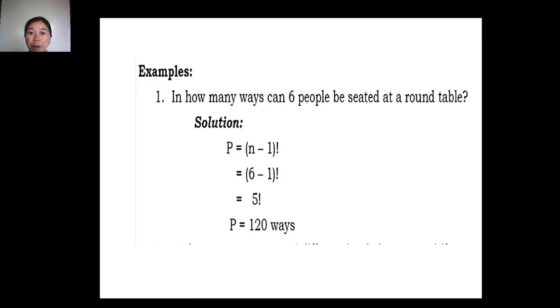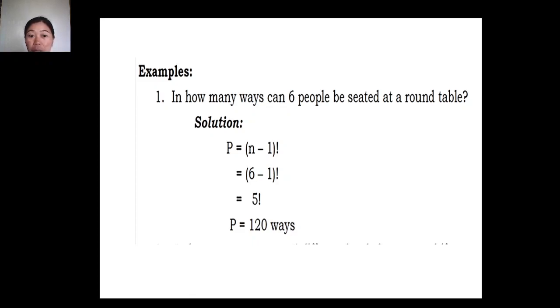And this circular permutation, sabi dyan, clockwise and counterclockwise can be distinguished. So, the formula will be P is equal to the quantity of n minus 1 factorial.